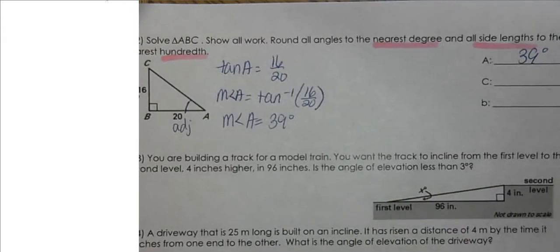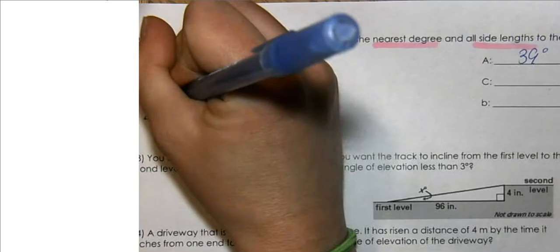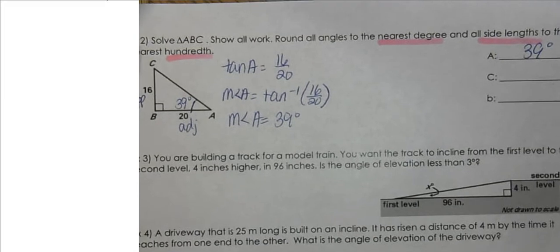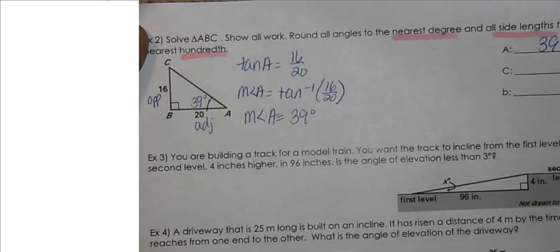The next thing we need to do is find the measure of angle C. So there are 2 approaches, and I want to make sure that I talk about both approaches for finding the measure of angle C. So I'm going to write that down.